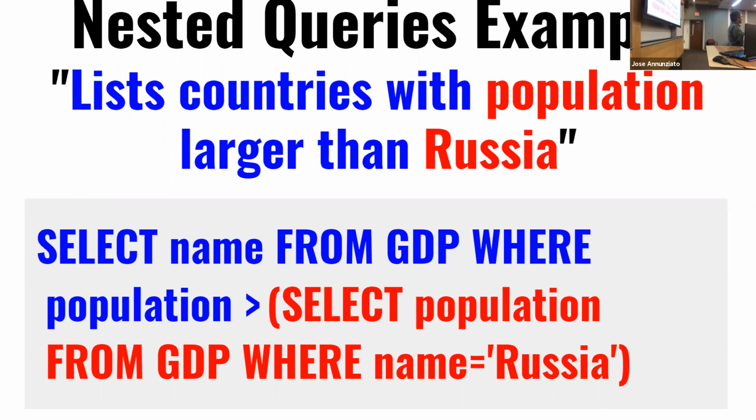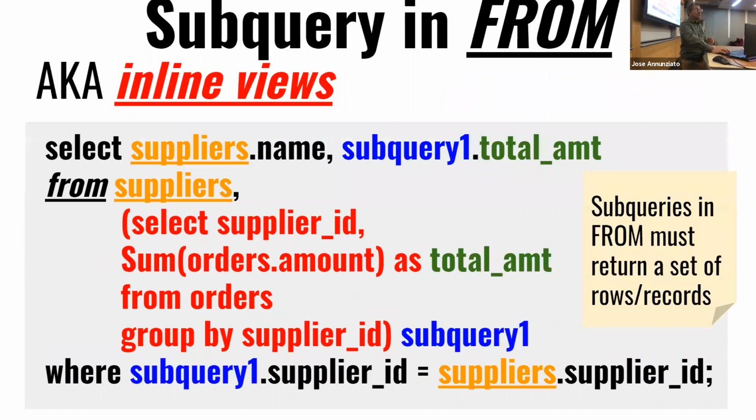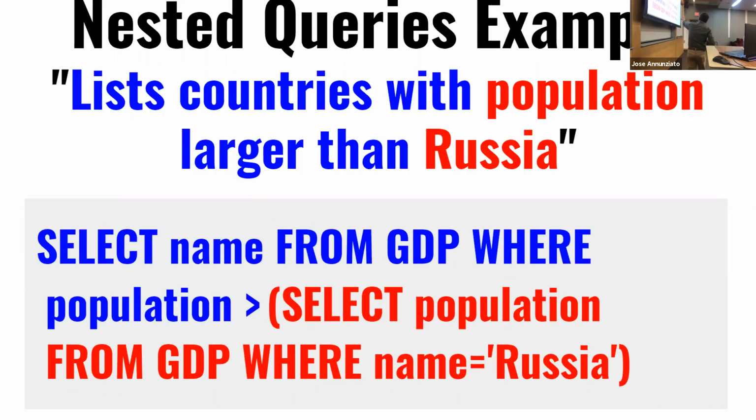It's easier to understand as a flow of data, how it flows and how it gets filtered, as opposed to a single query with a complex Boolean expression. Okay, so that's using the select statement in the where clause.